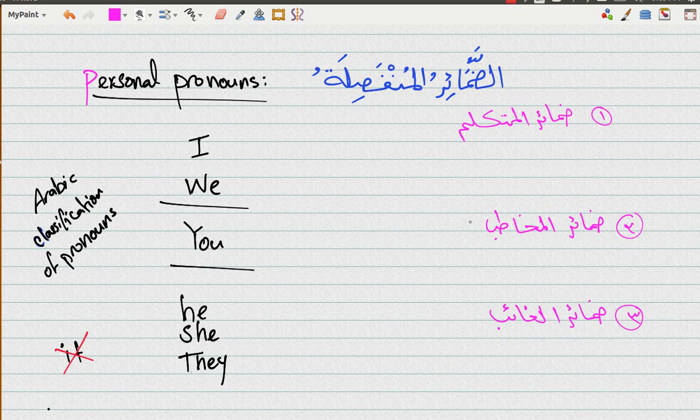ضمائر الغائب. If you haven't figured it out by now, the word ضمير in Arabic means conscience, but this also means pronoun. And the plural of ضمير is ضمائر.